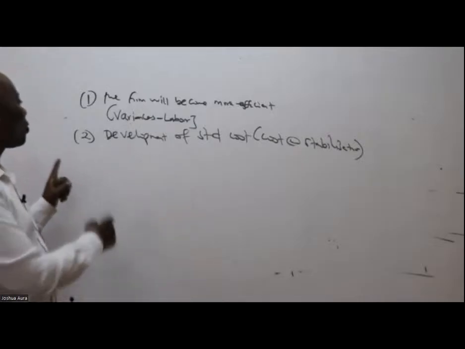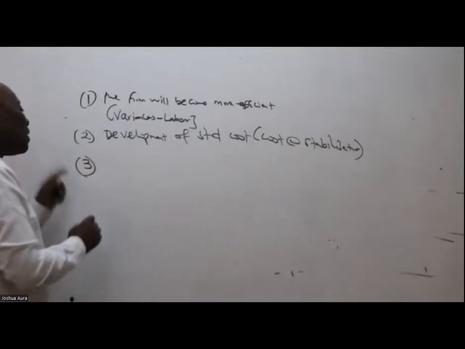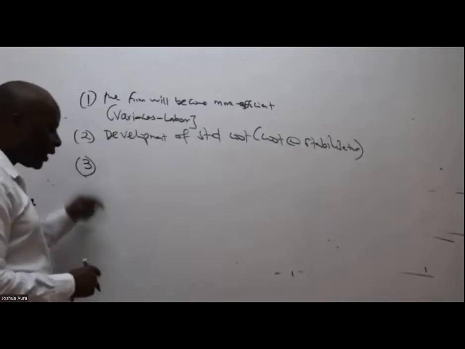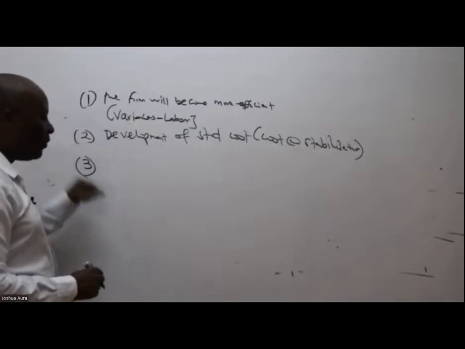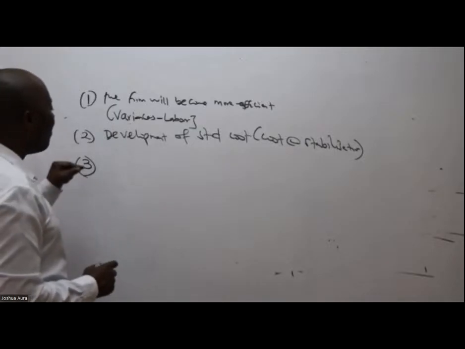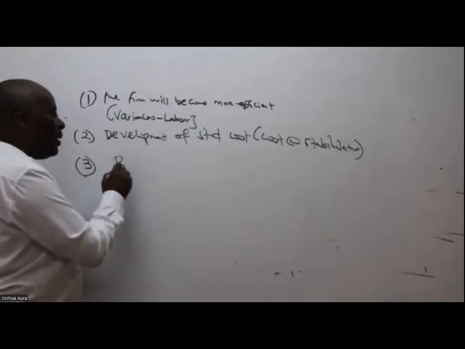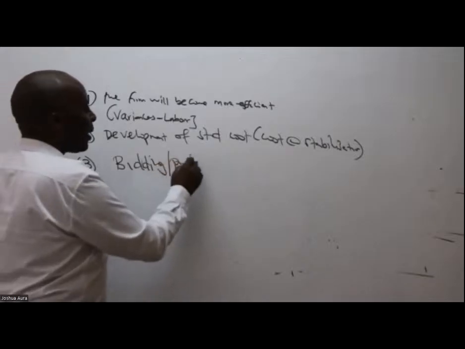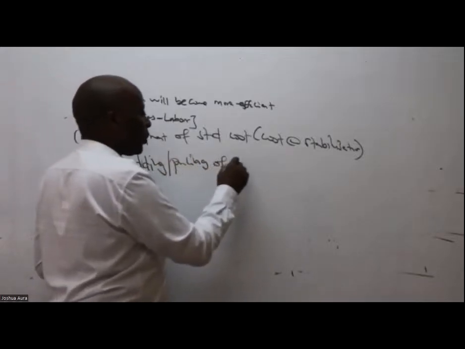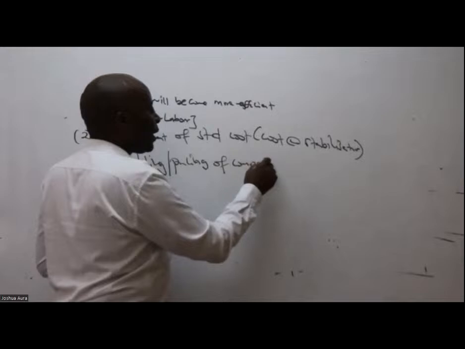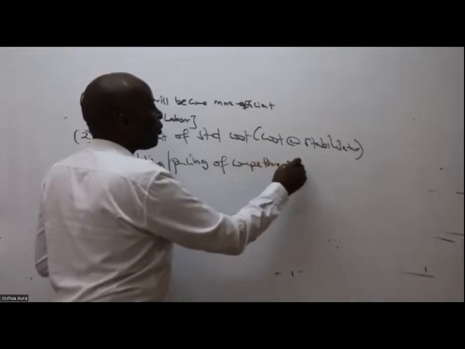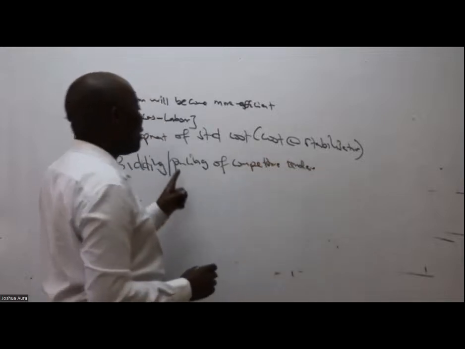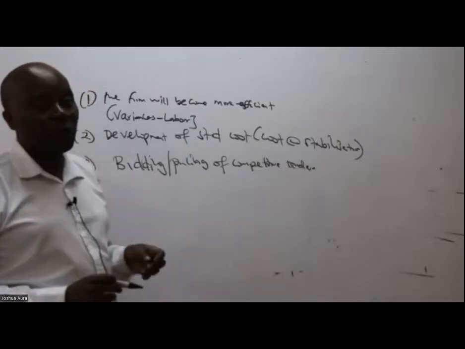Ladies and gentlemen, also remember that these learning curves, the other impact is that they will be very much applicable in bidding, while bidding or pricing of competitive tenders. Automatically, ladies and gentlemen, you will need these learning curves to be incorporated.